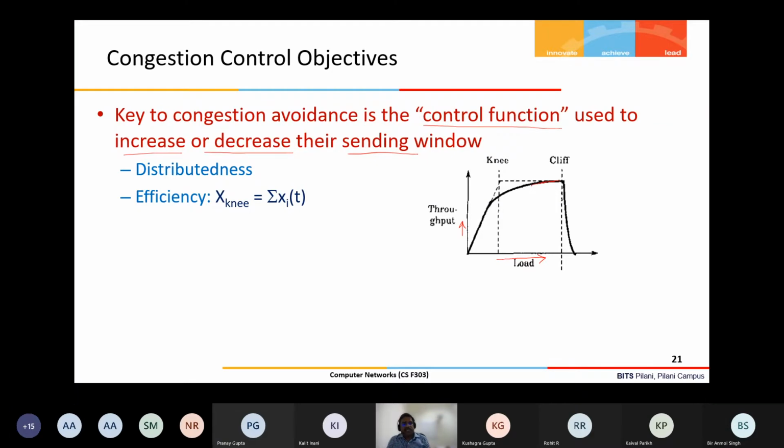Beyond that, if you increase the load, it results in packet drops, and due to that you have to reduce the sending rate, because loss indicates congestion, and you reduce the congestion by reducing the sending rate.